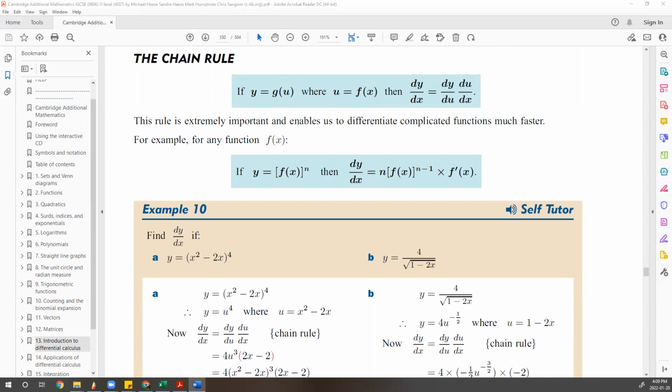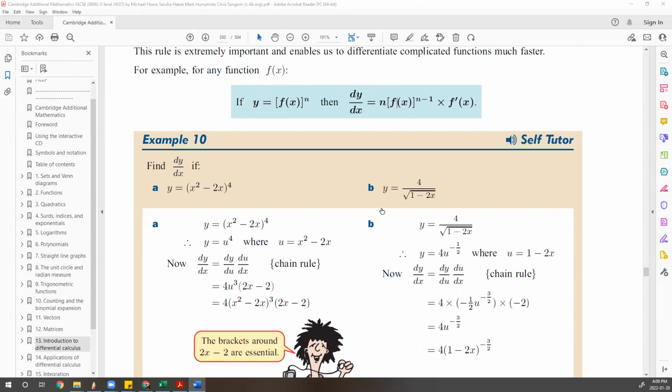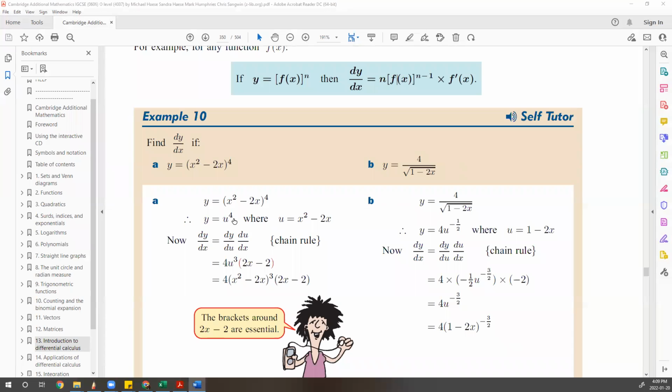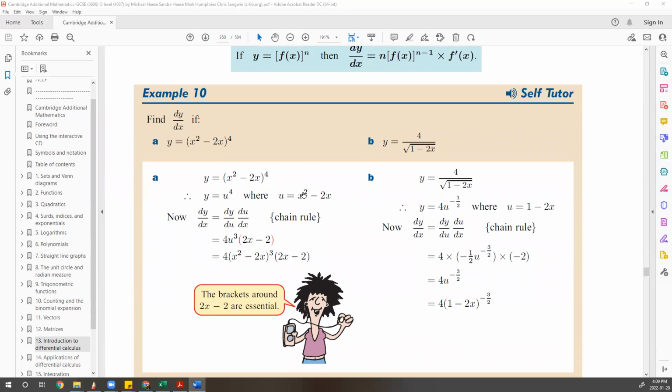By the way, I use u and they use f(x), and it's the same. See, u equals f(x), and n times u power n subtract 1 times u accent, totally the same. So let u be for u power 4 where u equals x squared minus 2x. I just use the same way. And then the u accent, I think they provide this to make it more visualized.